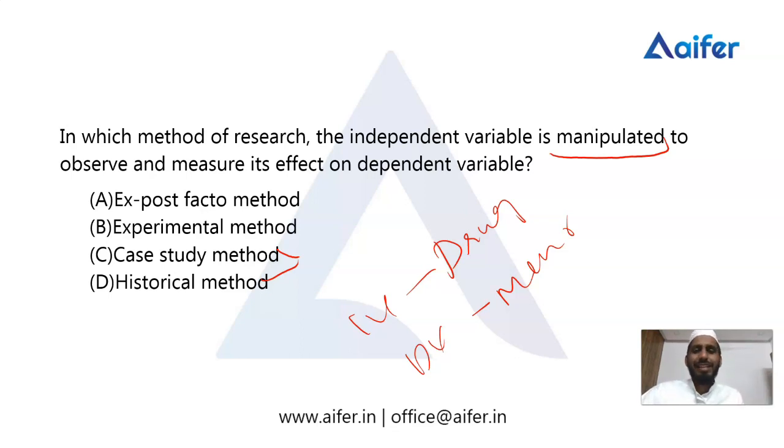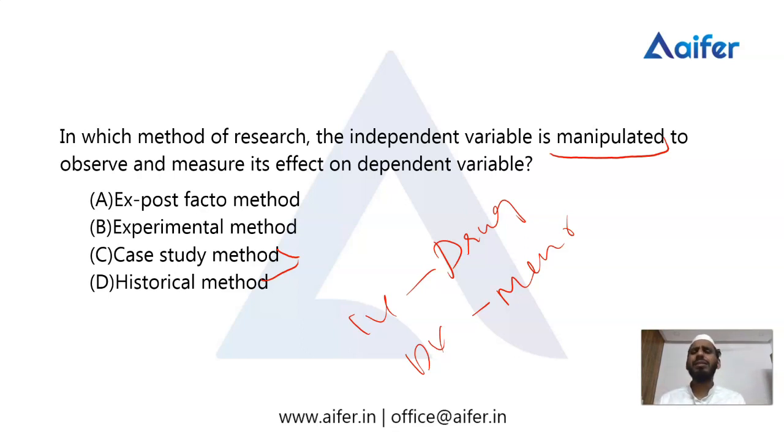And let's take an example for the ex post facto method. For the ex post facto method, a researcher will select the participants based on an already existing factor. For example, based on gender, the researcher will select some male participants and some female participants, and will compare the two different groups.